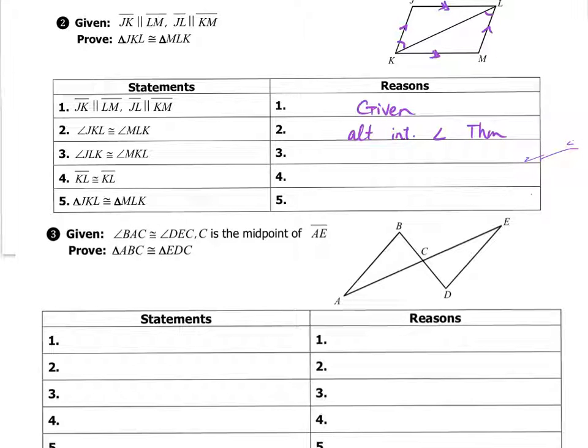And for the same reason, JLK, which is here, and MKL are also alternate interior angles. So by the alternate interior angle theorem, they are congruent. And then KL obviously is congruent to KL, and that's the reflexive property. And then finally, I've got two angles and a side sandwiched between the two angles, so it's ASA.